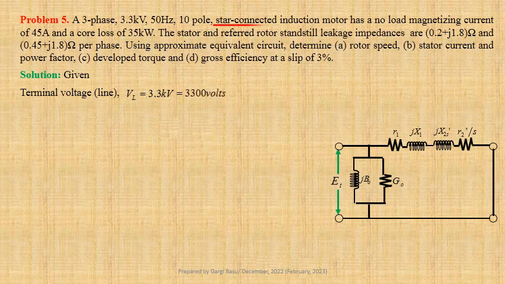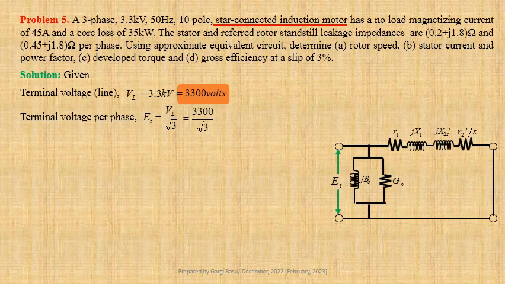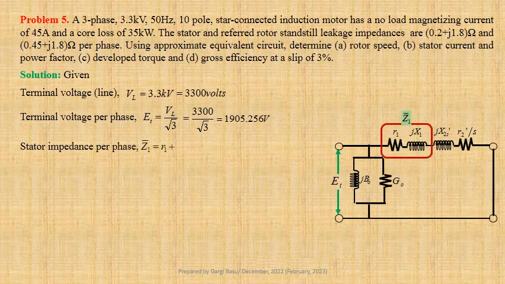For star connected induction motor, terminal voltage per phase ET equals VL by root 3, that is equal to 3300 divided by root 3, that gives us 1905.256 volt.